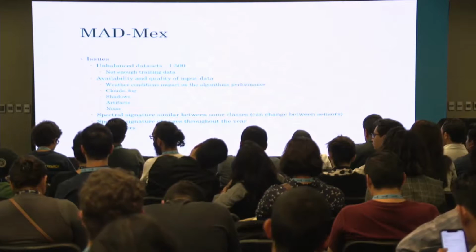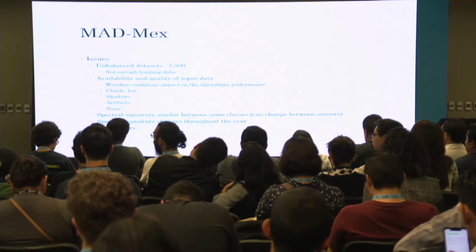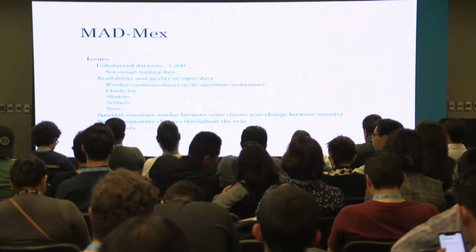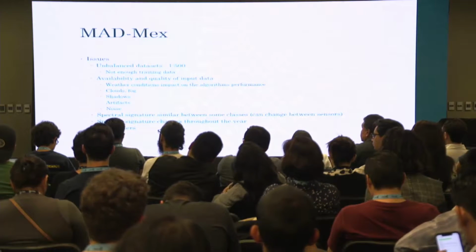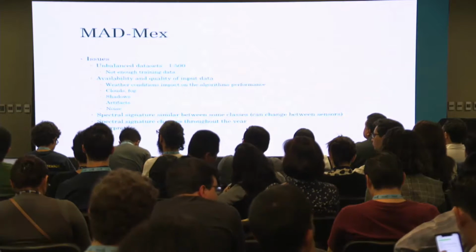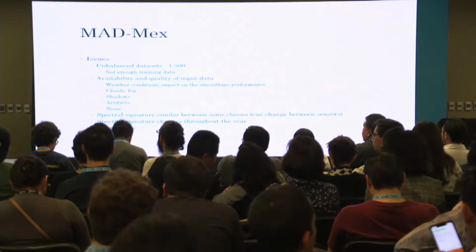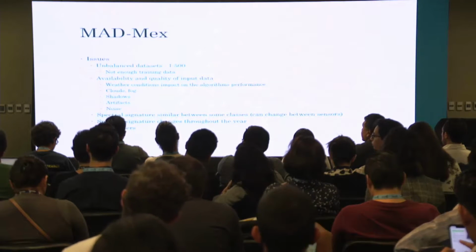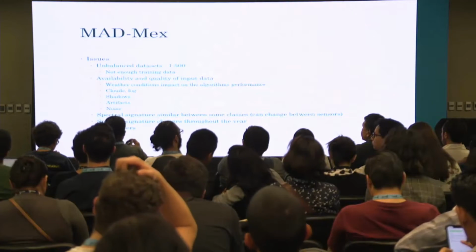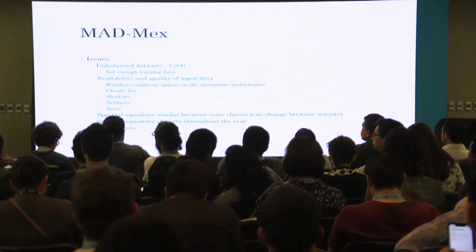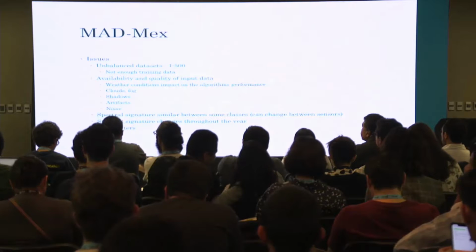Also, the availability and quality of input data changes because of weather conditions. For example, this year we had high temperatures and not so much rain, and all those things change the spectral signatures of the images. So the algorithm's performance changes and varies because of that.